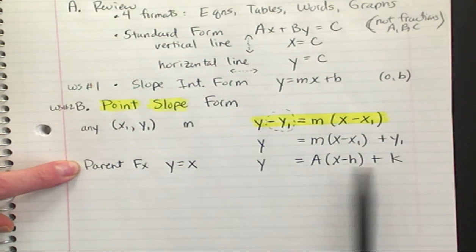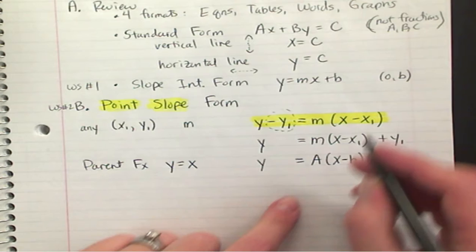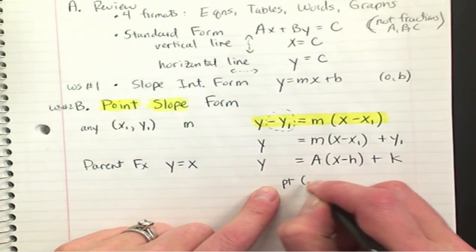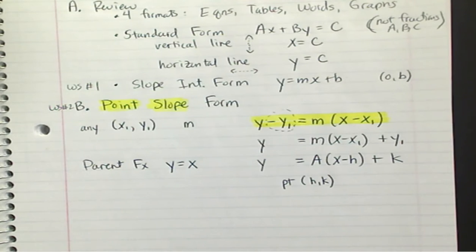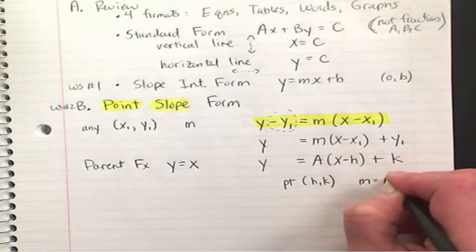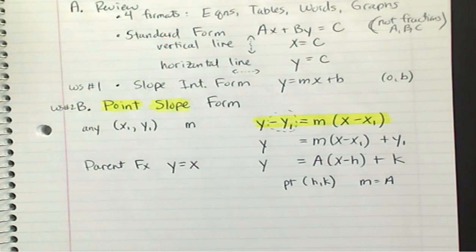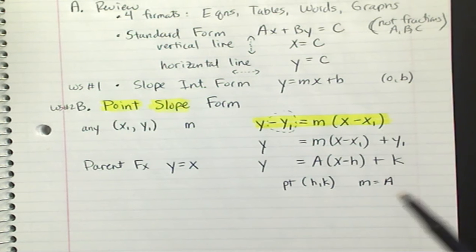It's just a transformation. Now, when it's lined up here, the point is HK. The slope is A. So that top right example on the inverse homework that you asked me to graph, because it was in this format, was left one, up two, slope of minus 1/3.